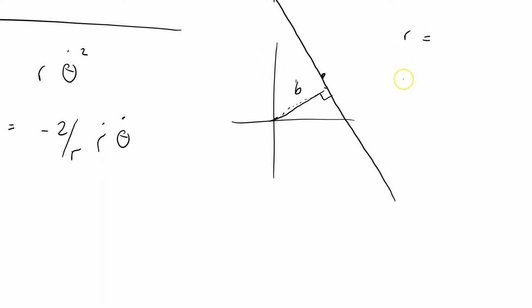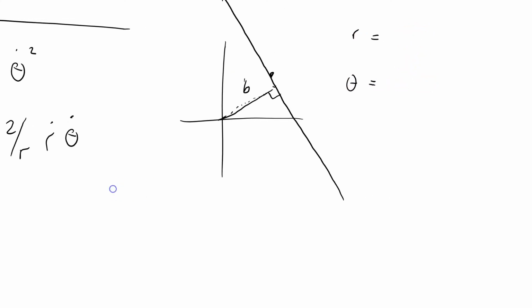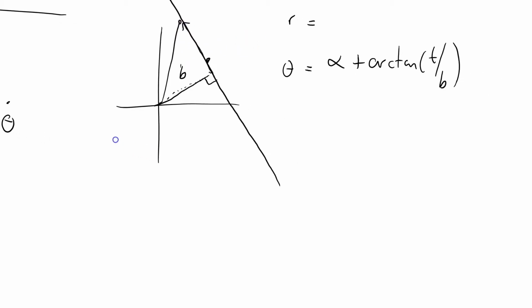Theta is easier to do, because as time goes by it's just a constant alpha plus arctan of t over b, because t is proportional to the distance along here. You may object that I'm assuming unit speed here, but of course I haven't specified what my unit of time is. And of course r is the square root of b squared plus t squared.